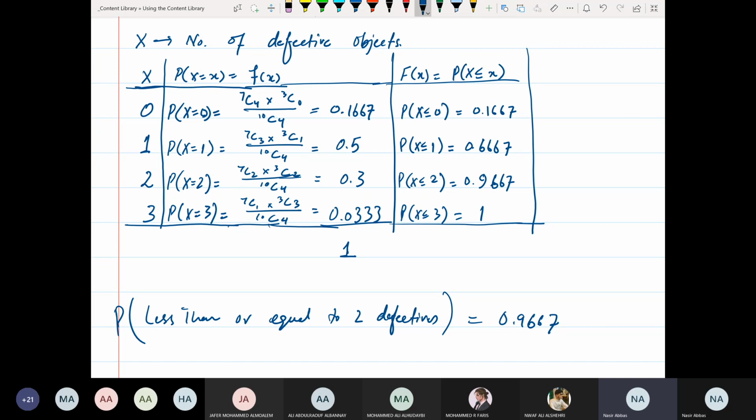Now, what if I ask you the question: find the probability that I get at least 2 defective? What will be the answer? Those who know the answer, keep the hands raised. Those who don't know, unraise your hands. At least 2.